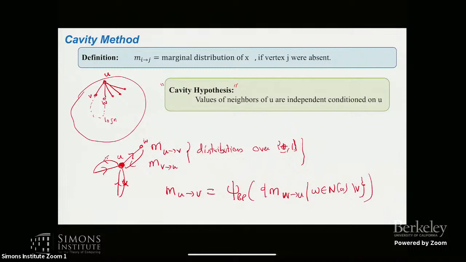But in a general graph, there is no direction associated. So you pretend the message leaving on any edge is a function of the messages incoming on the other edges.